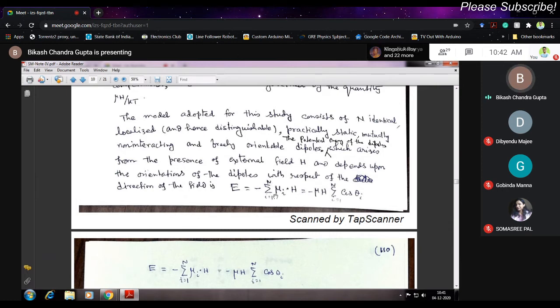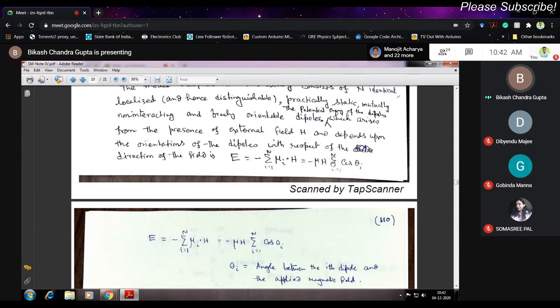Now in this case, I'm assuming, for simplicity, that if you really want to understand the behavior of a system starting from scratch, you have to try with the simplest system. So for simplicity here, we are having a system with simplicity in the sense that the moment of each particle is identical.